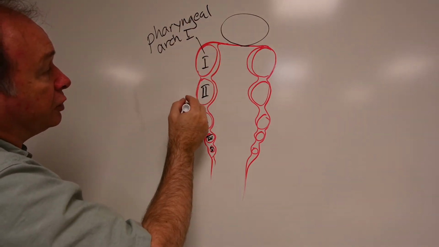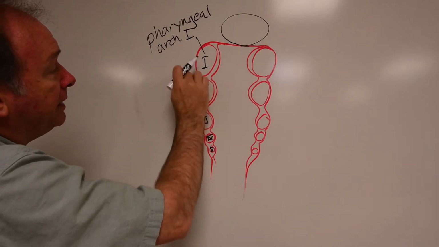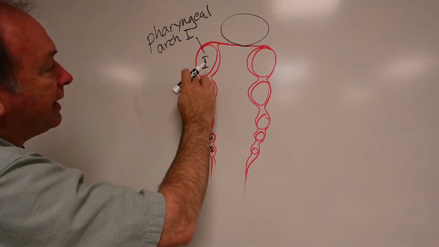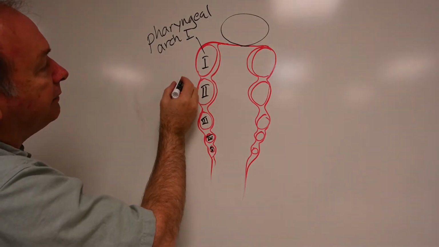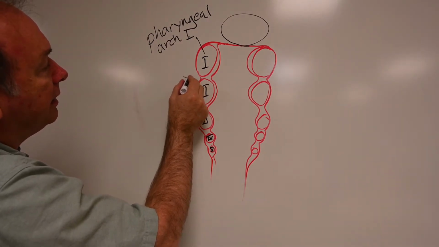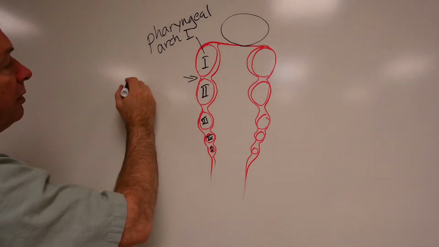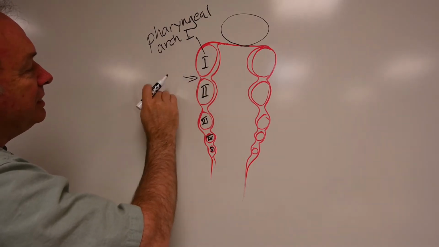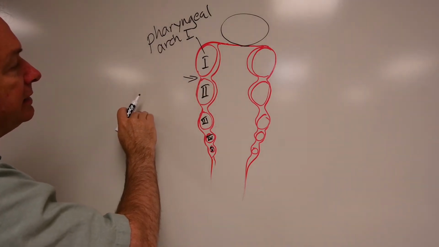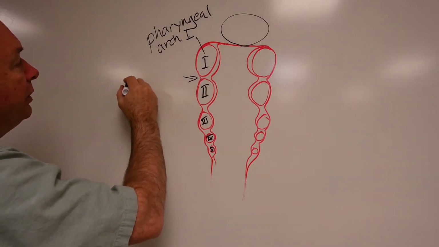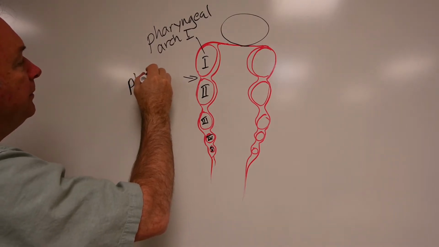Behind pharyngeal arch 1, there's a depression both on the outside and on the inside of the pharynx. This first indentation here is known as a pharyngeal cleft. So this is pharyngeal cleft 1.